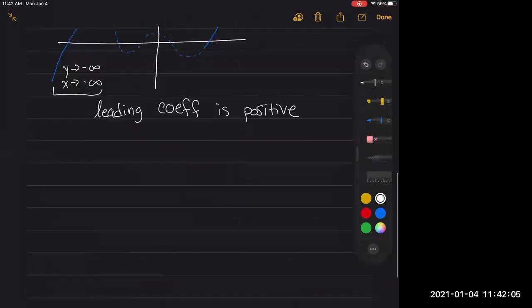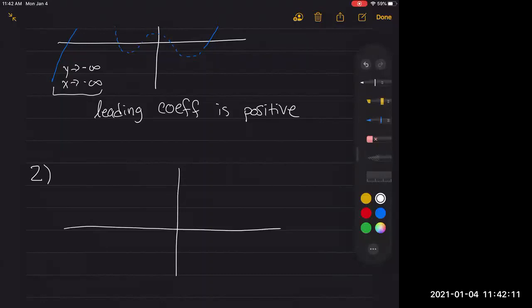And then the other option, option 2, is the opposite of this. So y approaches infinity as x approaches negative infinity, and y approaches negative infinity as x approaches infinity.